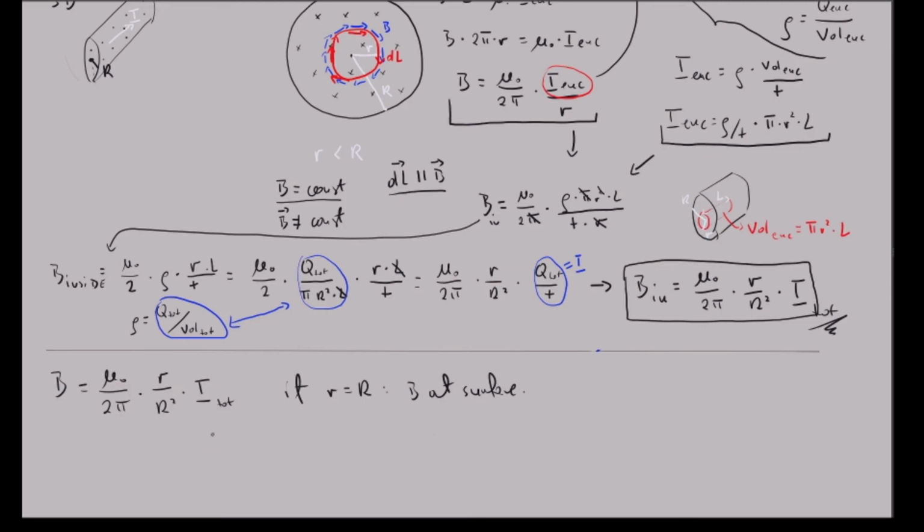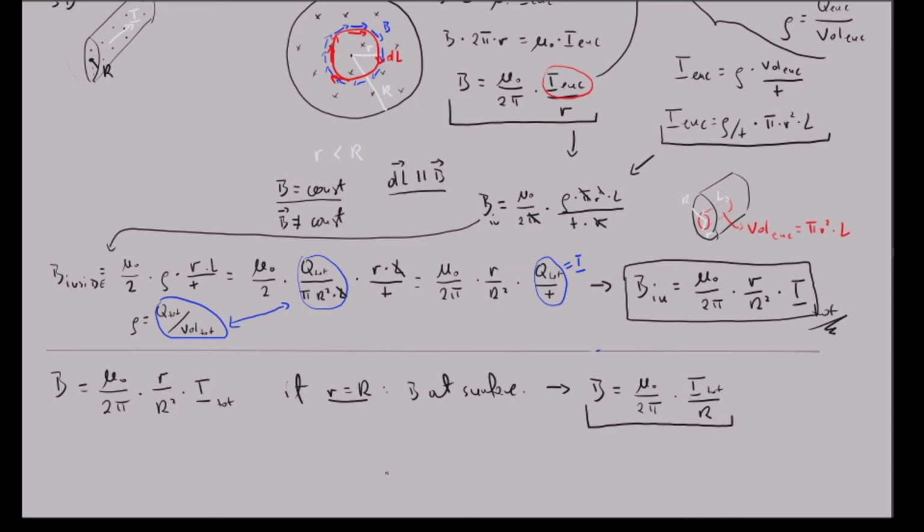That's going to give us the following. Magnetic field at the surface would be μ₀ over 2π times I total over R, which, by the way, is the same equation as the magnetic field on the outside of the wire. So that's good. So there's a certain overlap.